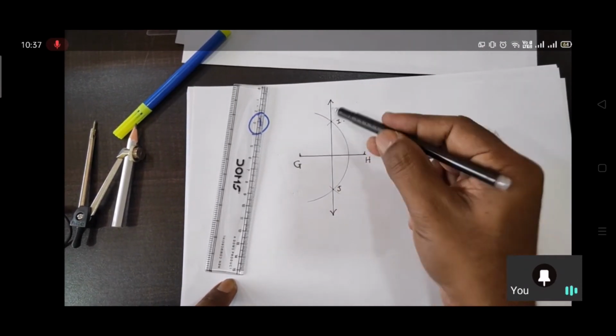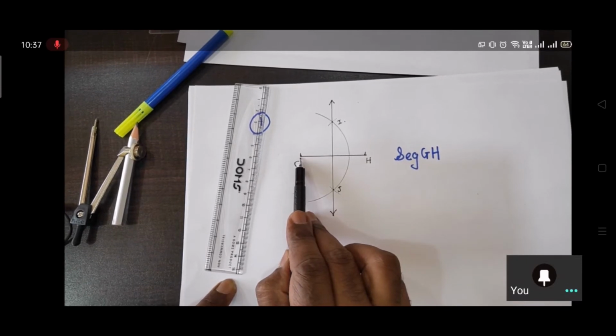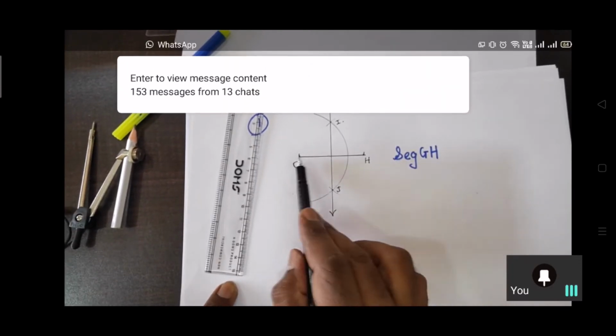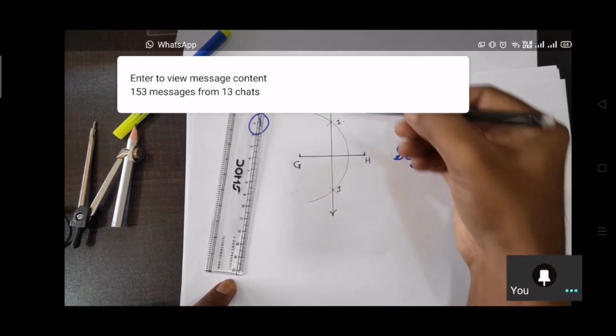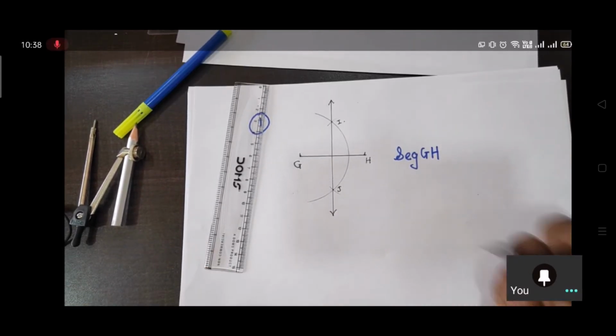Line means you can put here arrows, but you can see here an end point is there, here also an end point is there, therefore this is called a segment and this is a line.